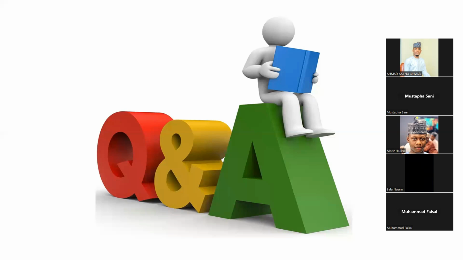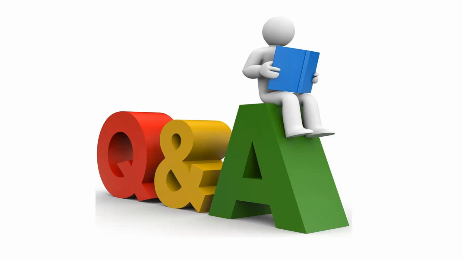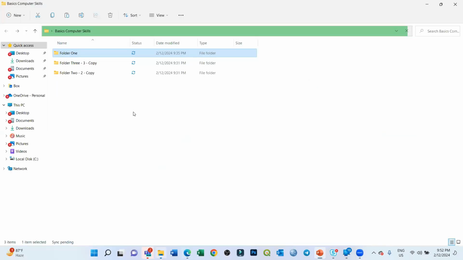Please, is there a way to select multiple folders separately? Yes, I discussed that. I showed you to hold your Control and just click on them. I showed you that. For example, let me share my screen back again to that folder that we created. Maybe you want to select one and you want to select two, so you hold one and you hold two. Maybe that's what you mean by selecting separately.